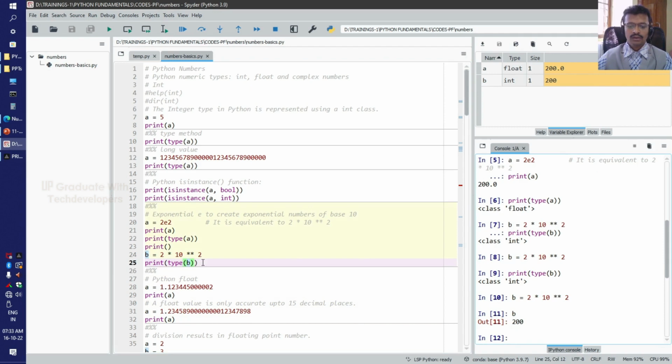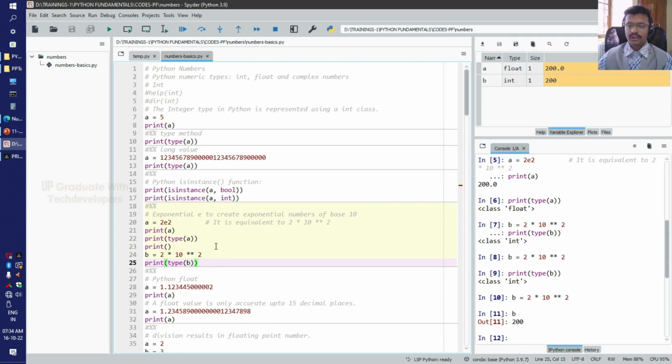So if you want the floating point number with respect to the exponential term, use this exponential function, otherwise use the normal arithmetic method, using an arithmetic operation, that is 2 into 10 to the power of 2. So we will get an integer value.